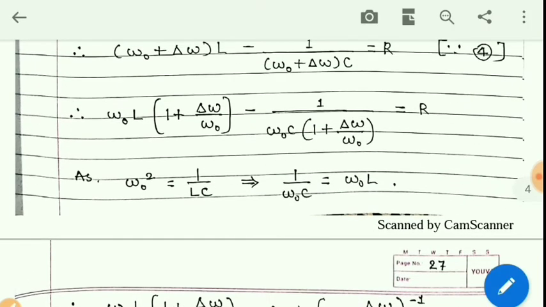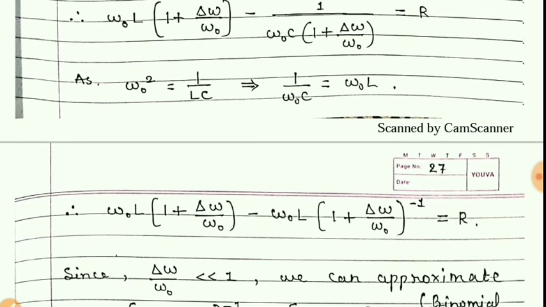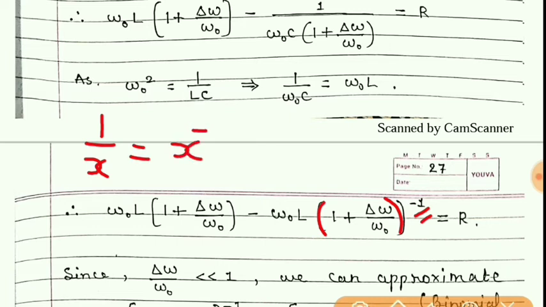Also this term which is in the bracket is now written here in the numerator, so we can write this as 1 plus delta omega upon omega naught raised to minus 1. So I have written this term in the power of minus 1. Students, we know that if it is 1 upon x, then we can write this as x raised to minus 1. So same thing is done for this.